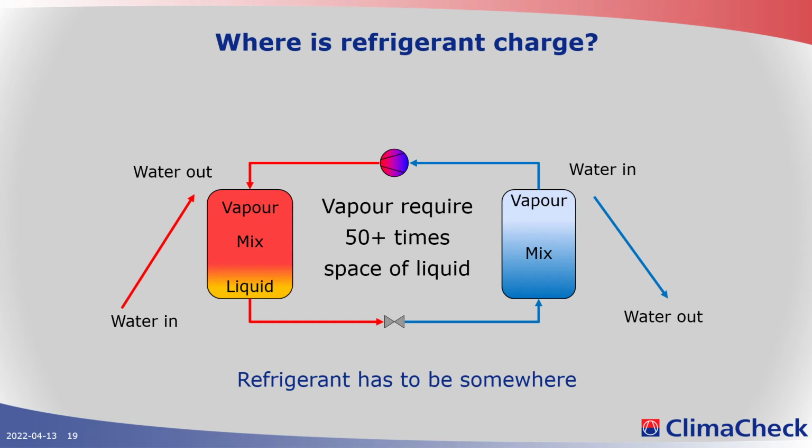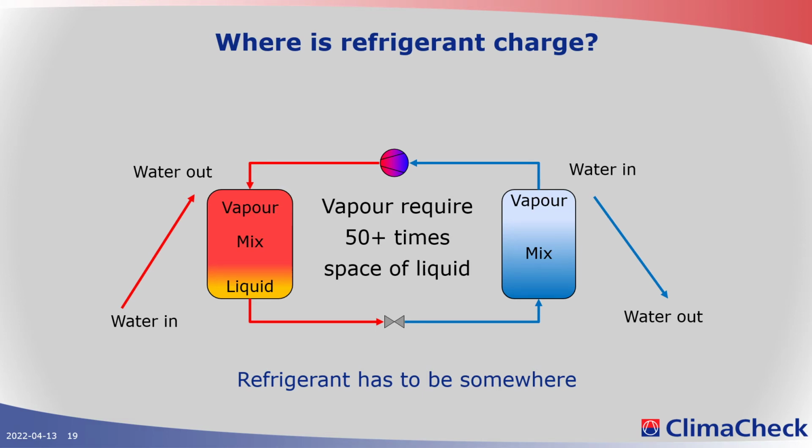So, I mean, if we think about the evaporator and condenser as two vessels that are fixed volume, it's easy to understand that when I change my operating conditions, the liquid and vapor need to be somewhere, and I can intuitively understand what's going to happen. So just to repeat, if I get more liquid in my condenser, that gives me more subcool, and I need to always make sure that I have solid liquid to my expansion device.